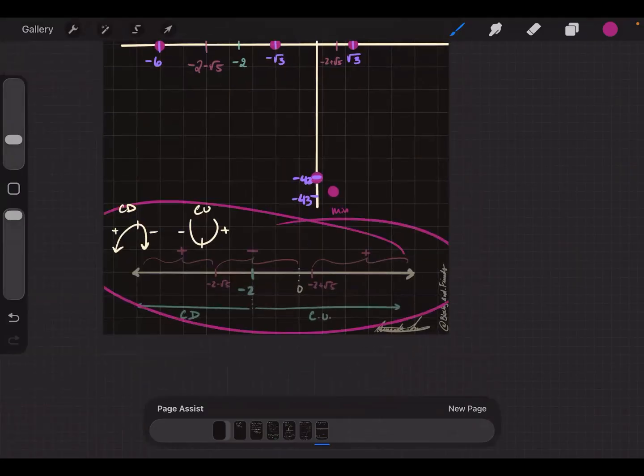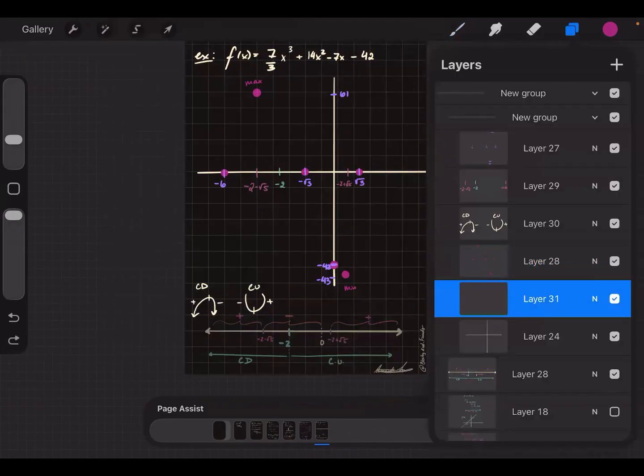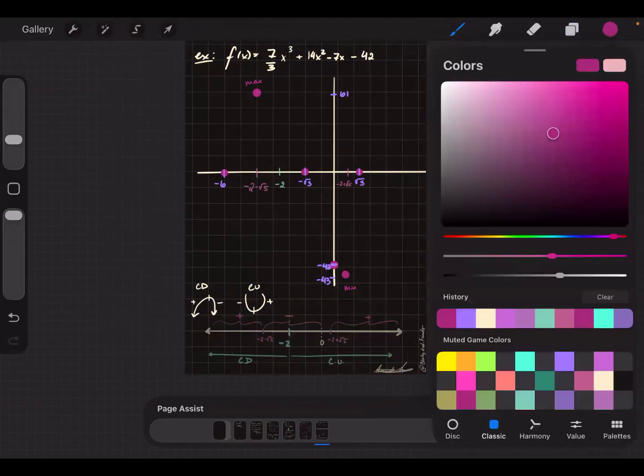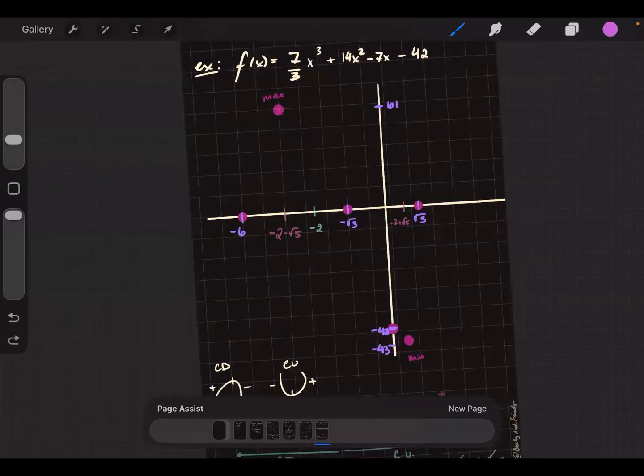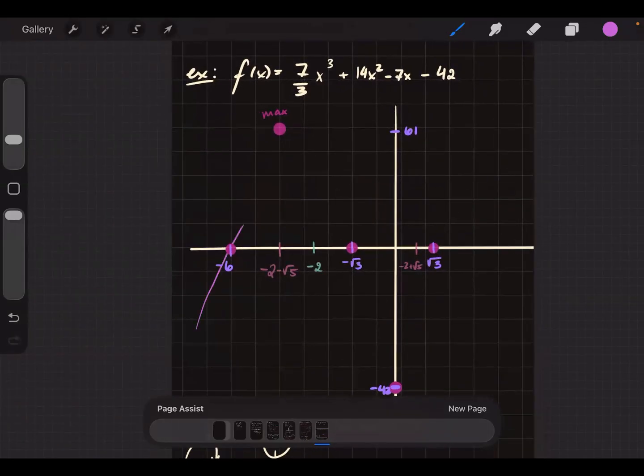Let's talk concavity. Ready? From negative infinity to negative 2 minus root 5, it is concave down, increasing. So it looks like that. Which checks out really, because it's going to connect like that. Nice and smooth.